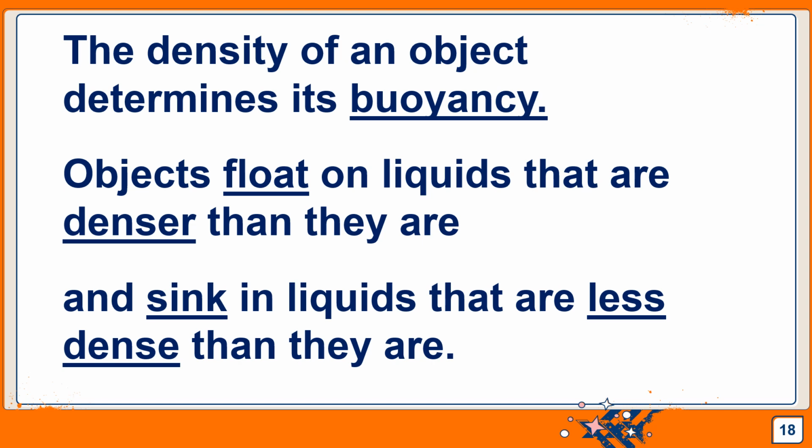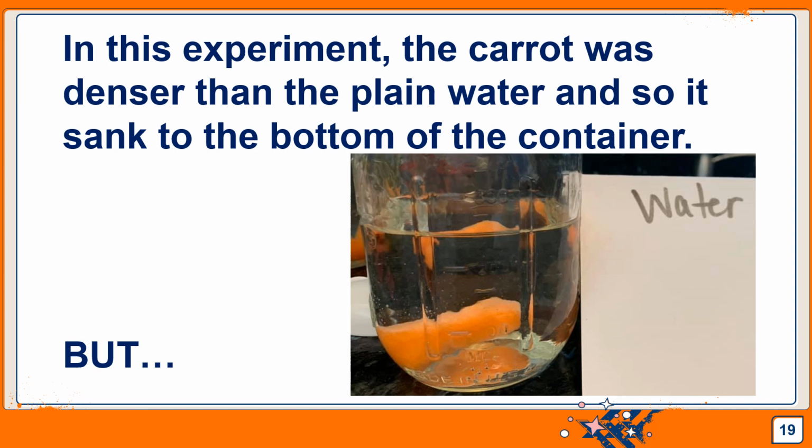The density of an object determines its buoyancy. Objects float in liquids that are denser than they are and sink to the bottom in liquids that are less dense than they are. In this experiment, the carrot was denser than the plain water, and so it sank to the bottom of the container.